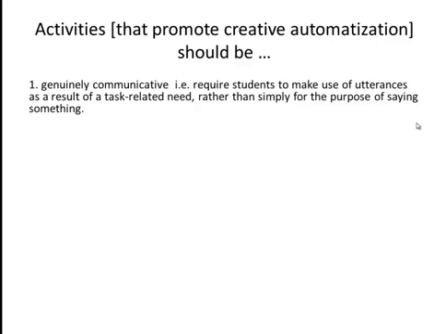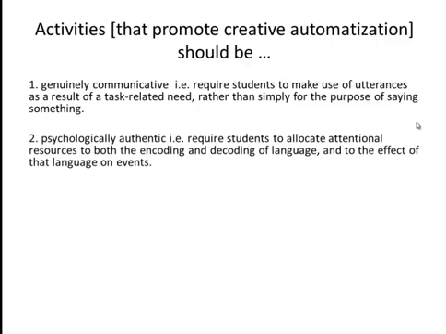So it's going to be task related. That it's going to be psychologically authentic. So they have to actually listen to what's said and to react to it. So it's not just about repeating something.